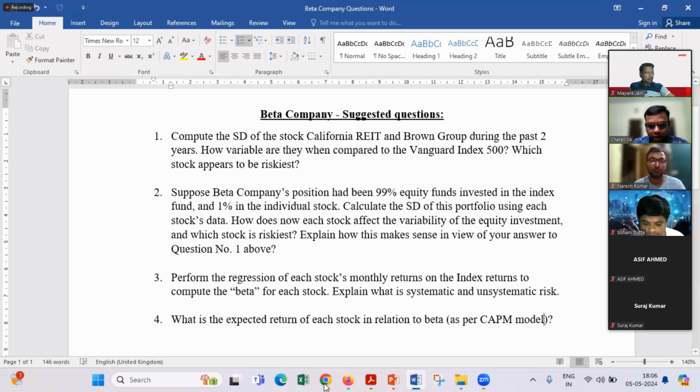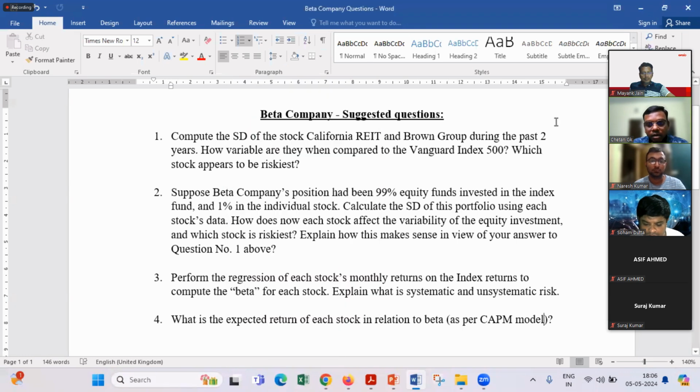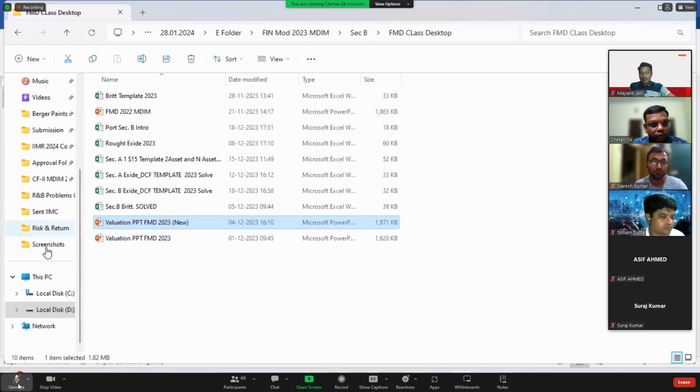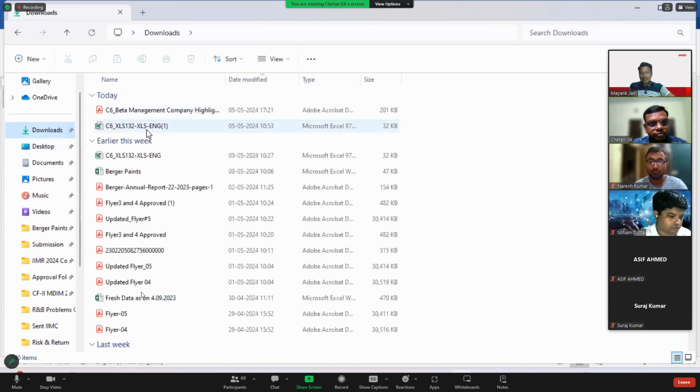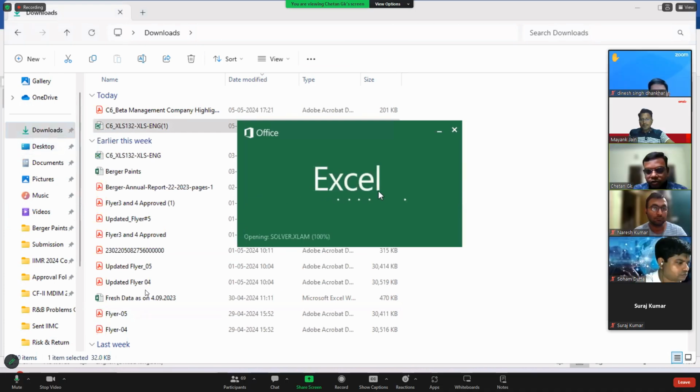Then we have with us the Excel sheet also. I hope you have got the Excel sheet with you. How many of you have your Excel sheet ready, which you have downloaded now? Good. So you can open this Excel sheet.